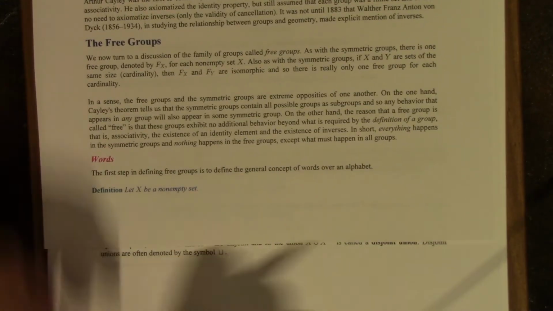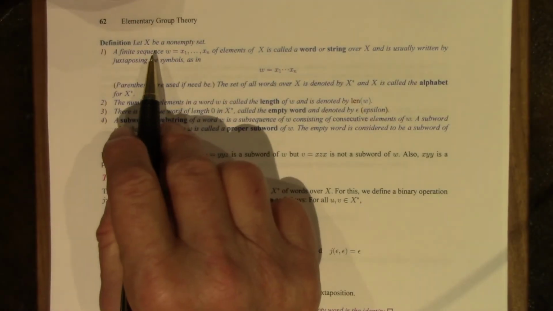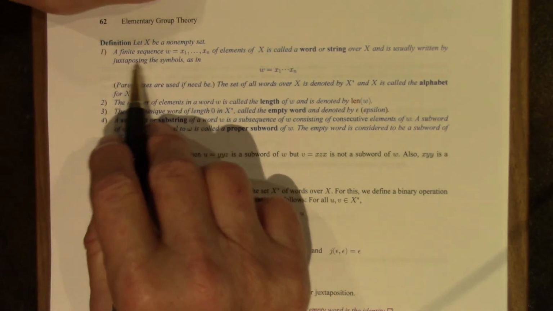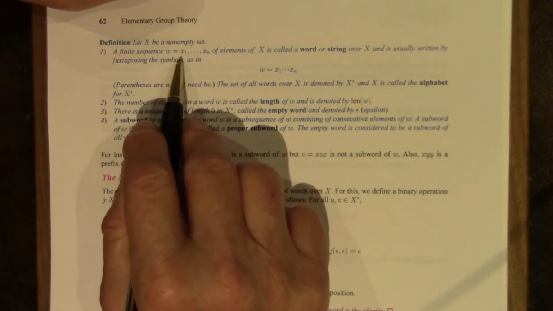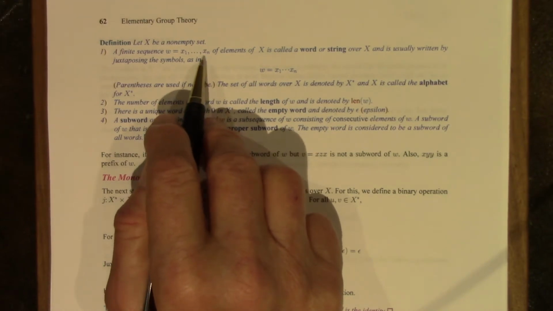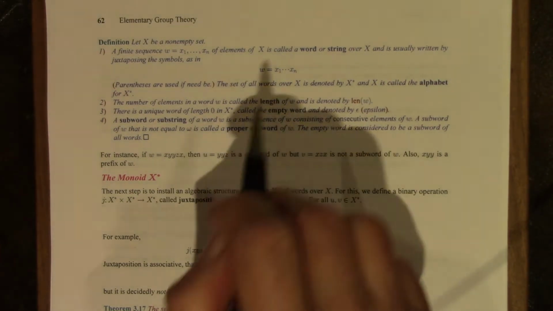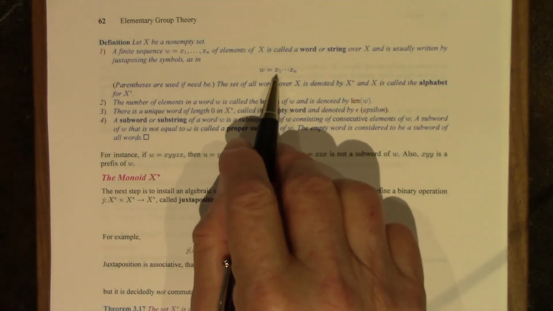The first step in defining free groups is to define the general concept of words over an alphabet. Let X be a non-empty set. A finite sequence, x1 through xn, of elements of X is called a word or string over X. It's usually written without the commas, just juxtaposing the symbols.